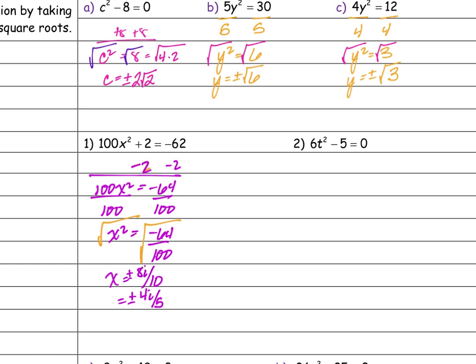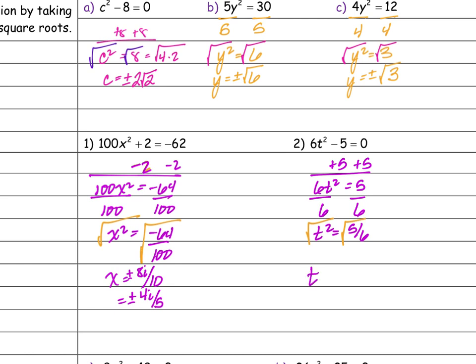So on the next problem, we're going to do the same thing, right? I'm going to add 5 to both sides. So I've got 6t squared equals 5. Divide by 6. So t squared equals 5 over 6. Square root.